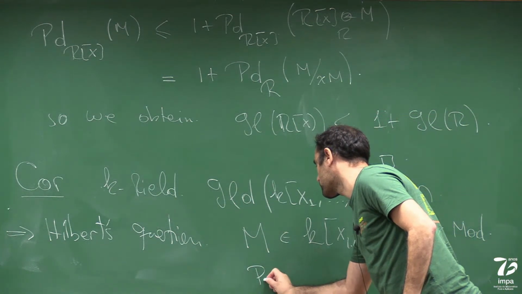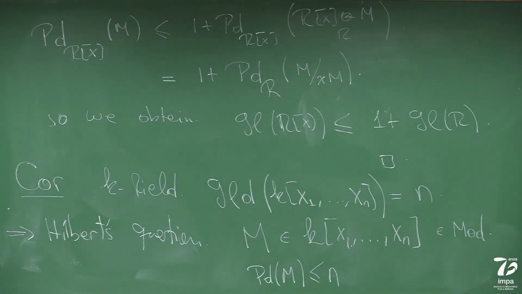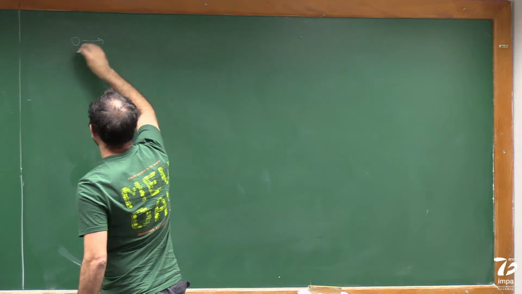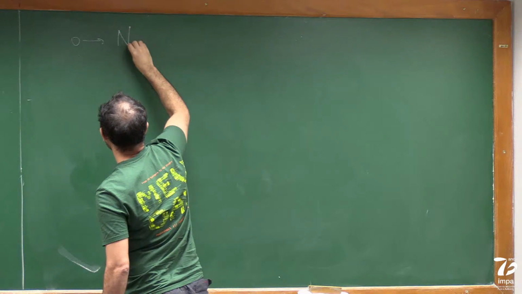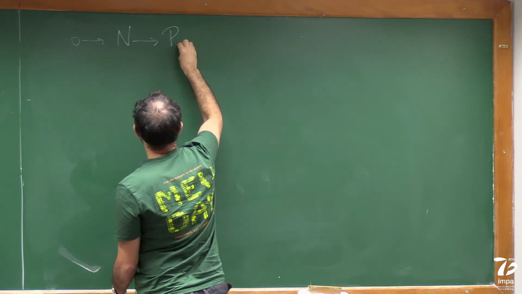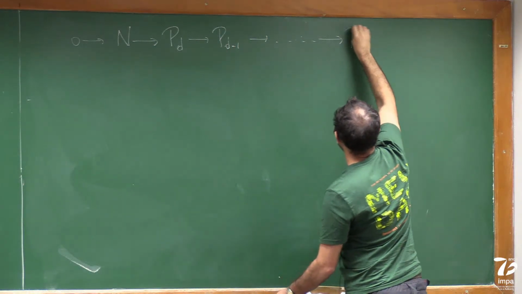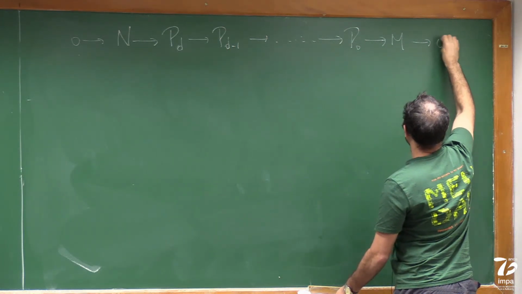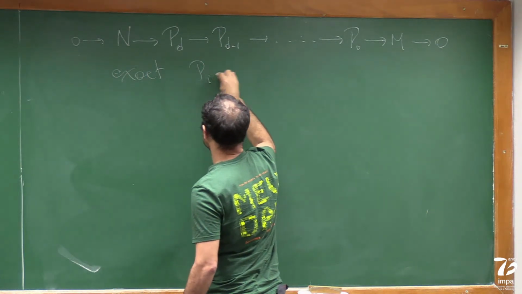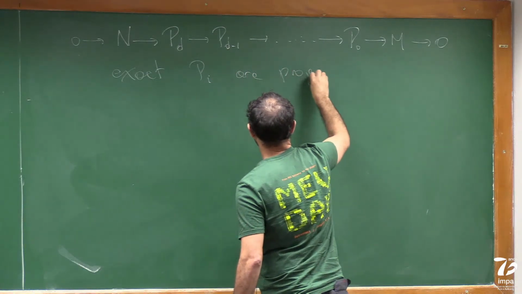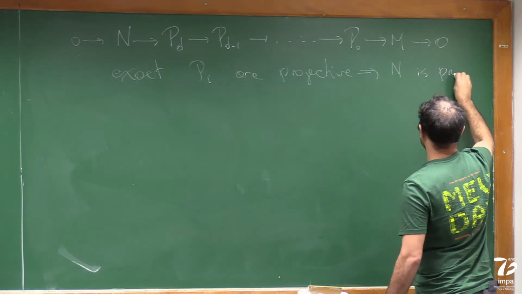This means that for any resolution of length less or equal than n, if you have an exact sequence Pd into Pd-1 into ... into P0 into M into 0, and the Pi are projectives, this implies that M is projective.